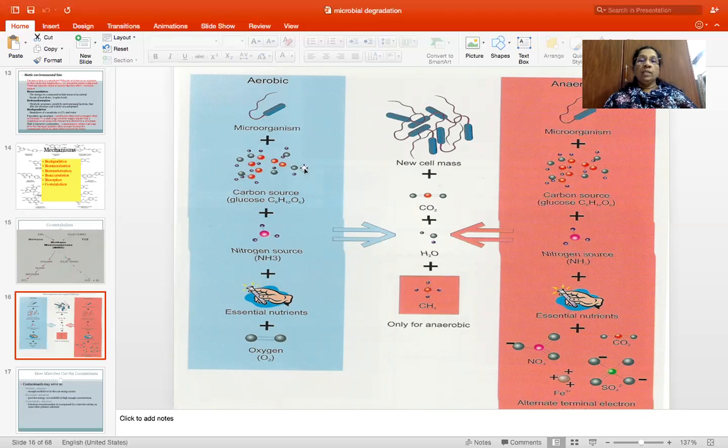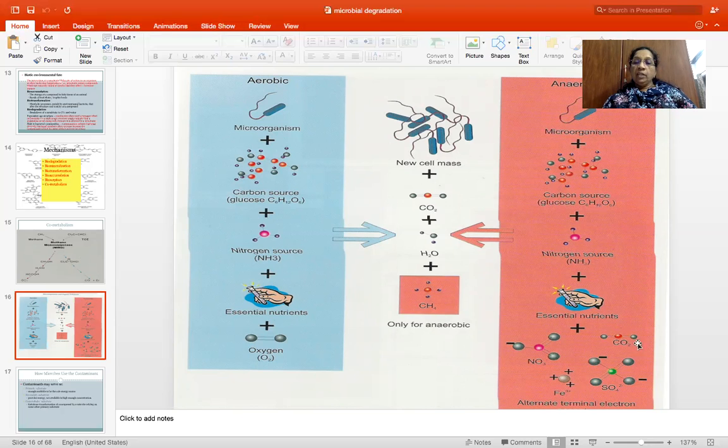Aerobic microorganisms use the compound as the carbon source and as the nitrogen source, and also essential nutrients, and along with oxygen, they produce new cell biomass, carbon dioxide, and water, and the biodegradation will be done in the aerobic condition. But in anaerobic condition, this is all the same, except that here oxygen is not used as the terminal electron acceptor.